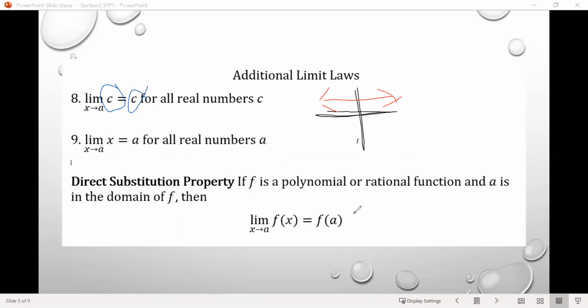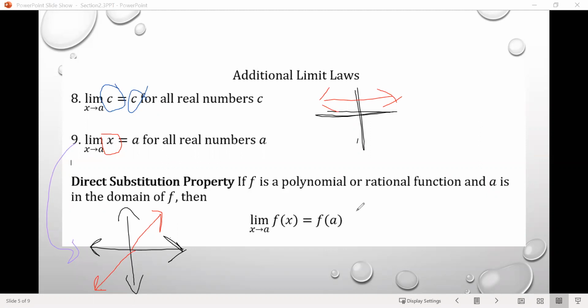For number 9, we have that the limit as x approaches a of the function just x, or just the input variable, equals that value a. So can we think about why that would be true? Well, if we think again about our functions and what they look like, here we're told that the function is just x, which, if you remember from pre-calc 1, is just a diagonal line going through the origin.